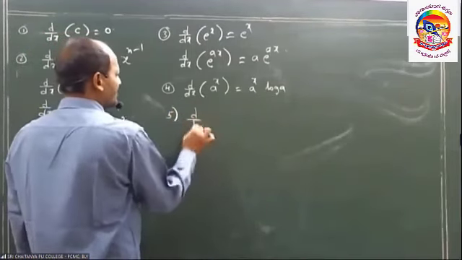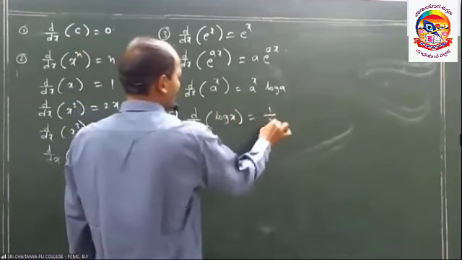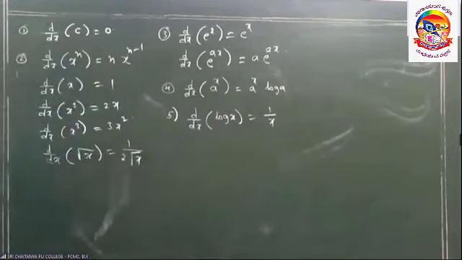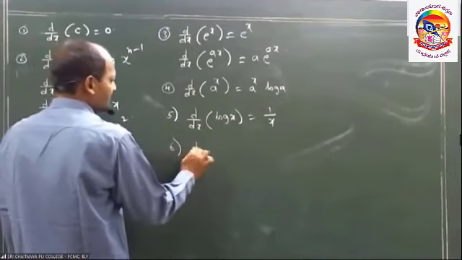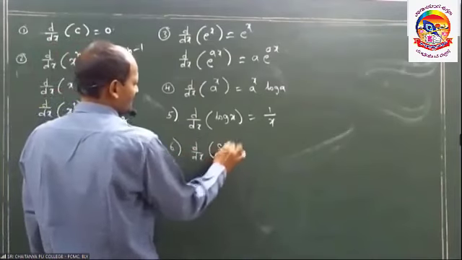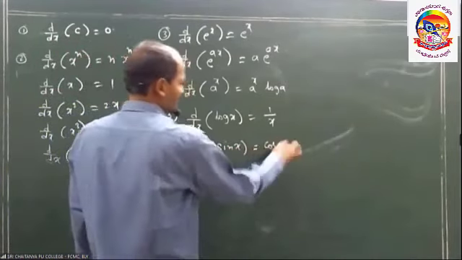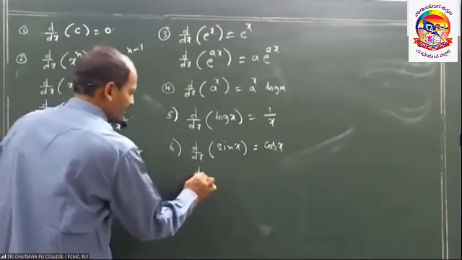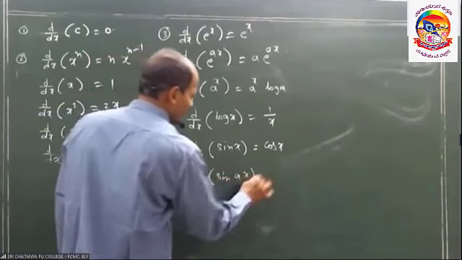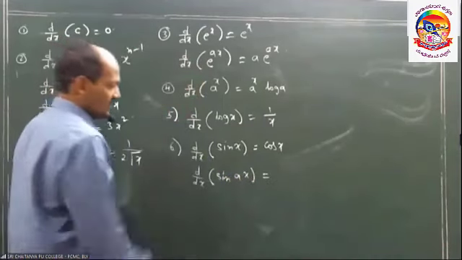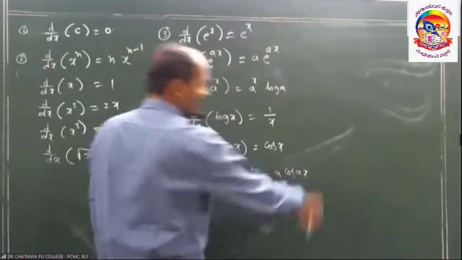Next, derivative of log x is equal to 1 by x. Next, derivative of sin x is equal to cos x. Next, derivative of sin ax, where a is a constant, is equal to a cos ax.